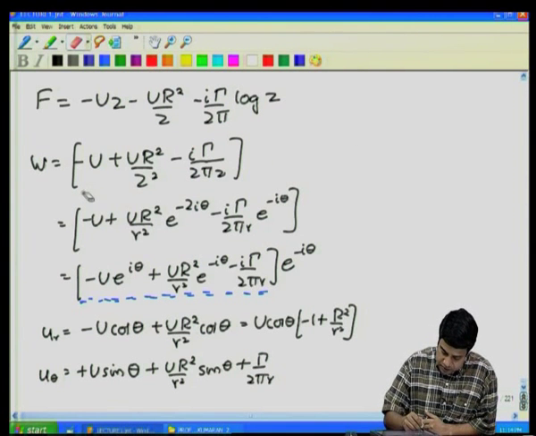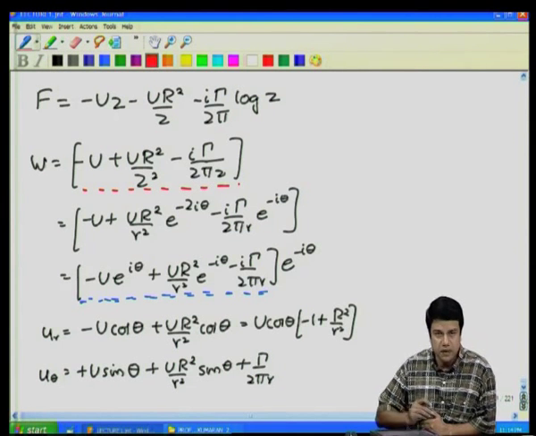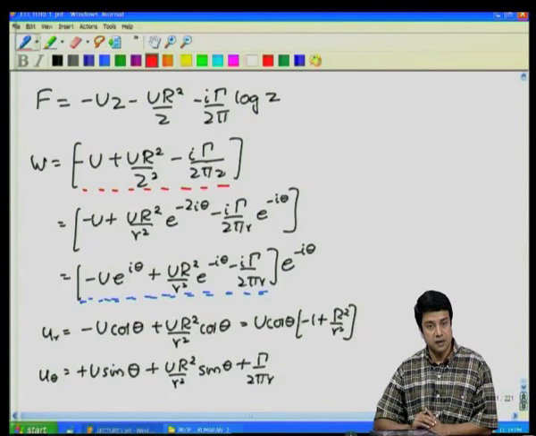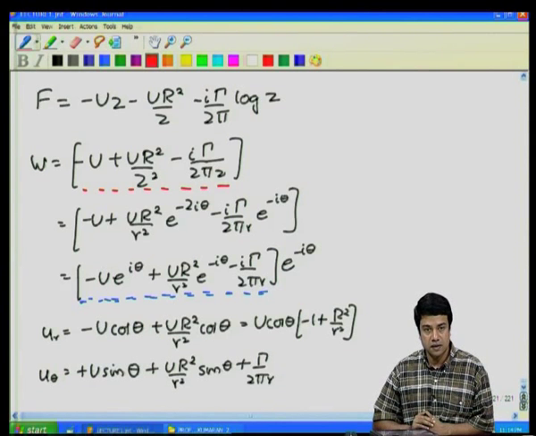If you look at this expression, in the limit as z goes to infinity, w is equal to just minus U. This is for all values of z. Anywhere, if the magnitude of z goes to infinity, w is equal to minus U. That means that u_x is equal to minus U and u_y is equal to 0.